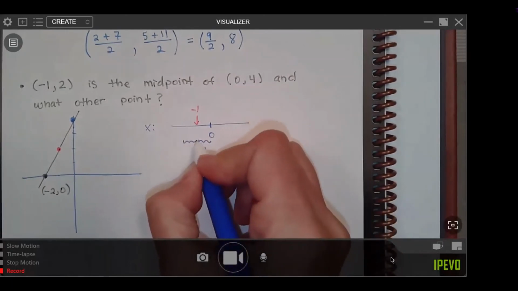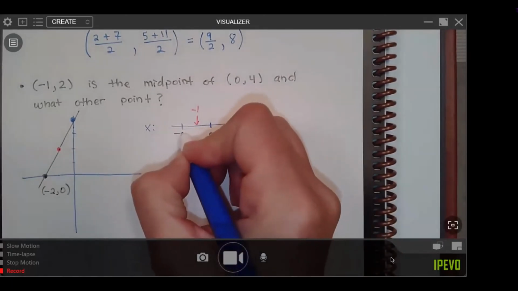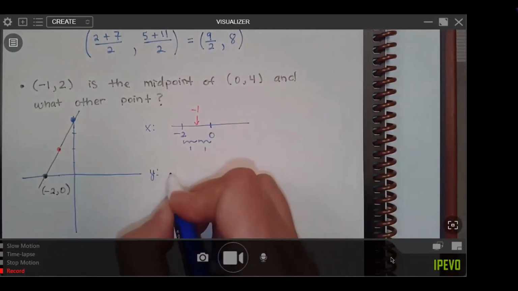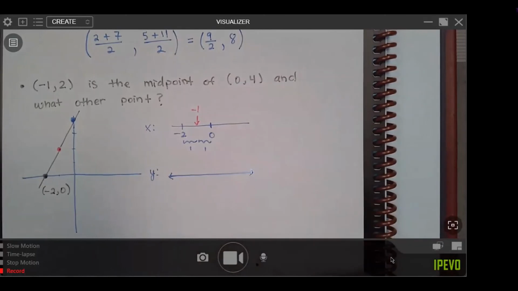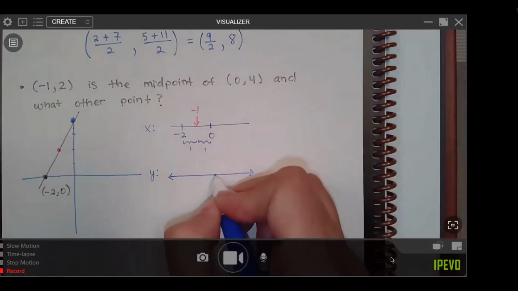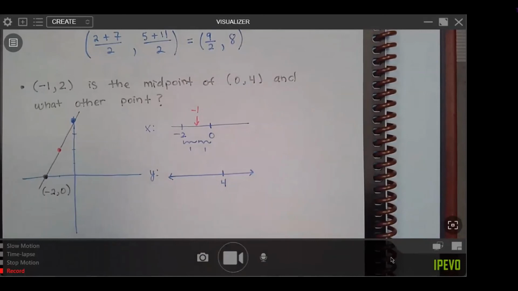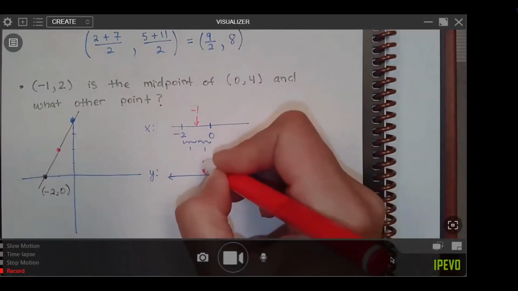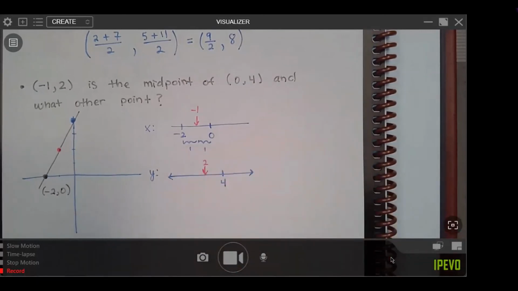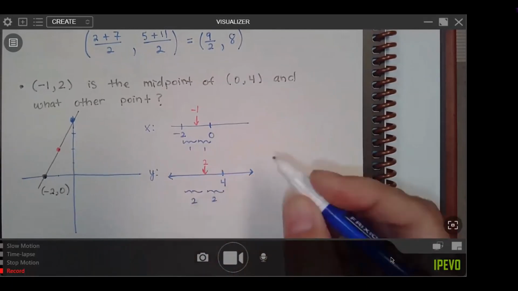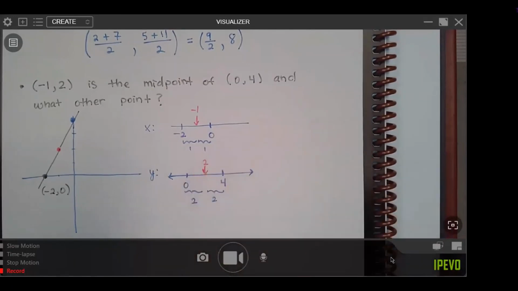And if I move 1 in the other direction, I would get to -2. And if we did the same thing for the Y values, and I know I drew that horizontally, oh well, I'm looking at a 4, and then the midpoint is over here at 2. So that's a distance of 2. And if I moved 2 more in this direction, I would be at 0.